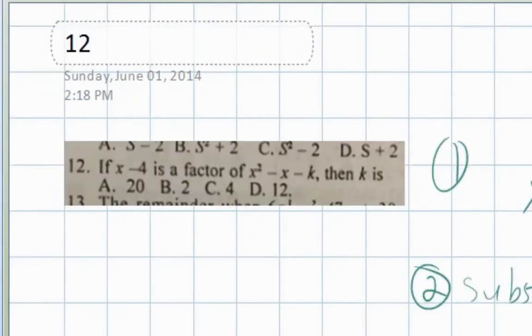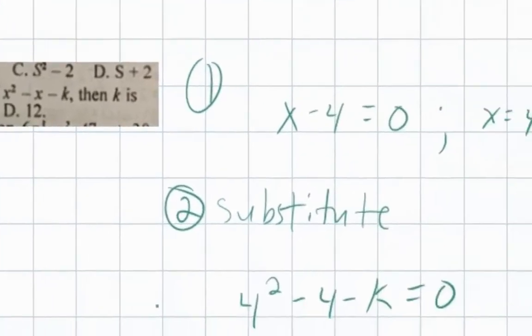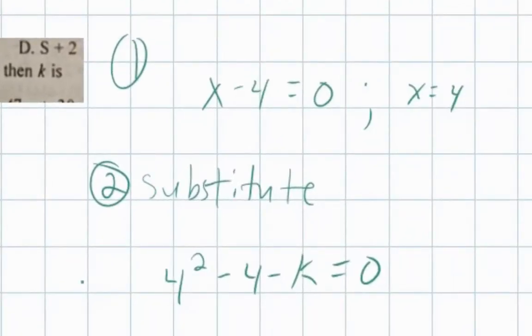Question 12 says if x minus 4 is a factor of x squared minus x minus k, then k is, and it wants us to solve for k. So the first thing that we want to do is set x minus 4 equal to 0, because it's going to be a factor of this equation that they give us. So after we set x minus 4 equal to 0, we'll find that x is equal to 4, and then we want to substitute.